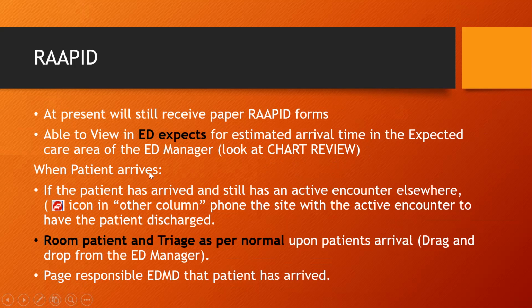When the patient arrives, you're going to go down to expects and you want to click on that patient to arrive them, just like you would a pre-arrived anonymous patient, but you might see this little icon next to the patient's name. This icon with a little stretcher tells you that patient is currently still registered at the sending department.